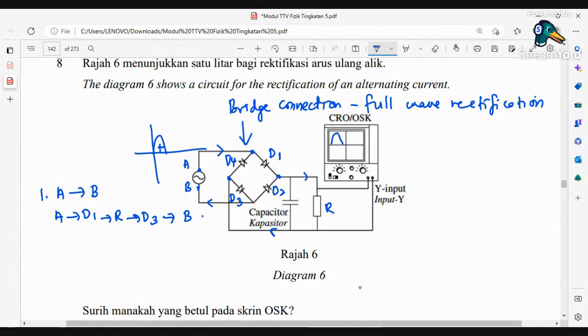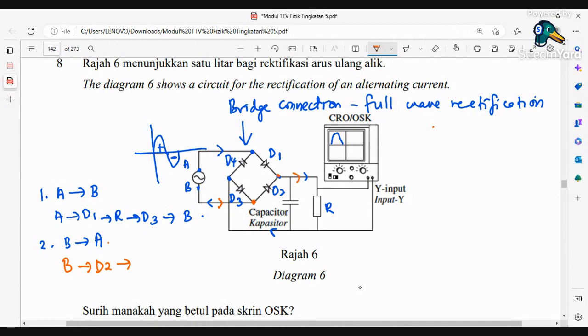For the negative part, current will flow from B to A. We start with B, from B in this direction. It reaches here, it will go to D2, cannot go to D1.